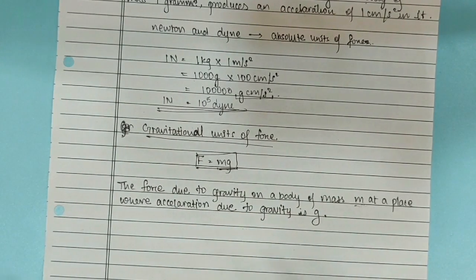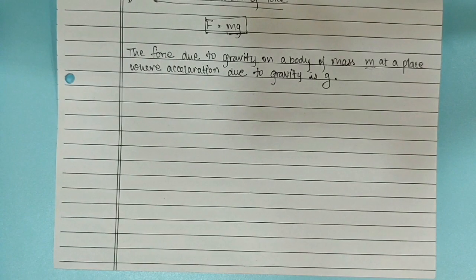So F is equal to mg. I'll just write the definition of it. This also comes from the same formula, F is equal to ma, where a is the acceleration due to gravity.